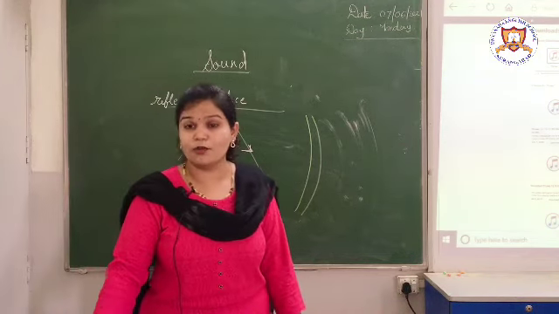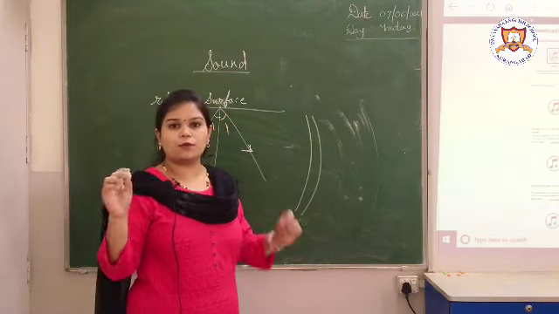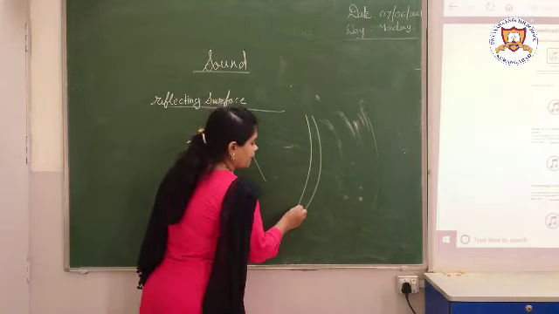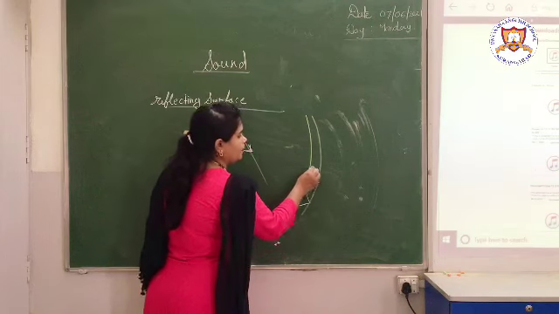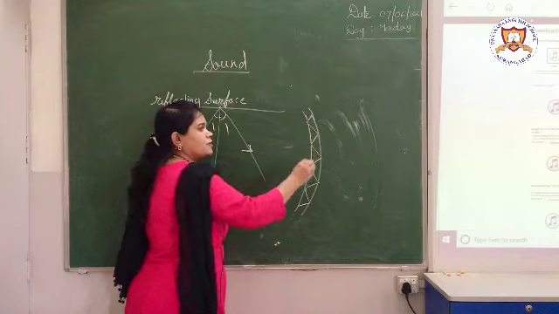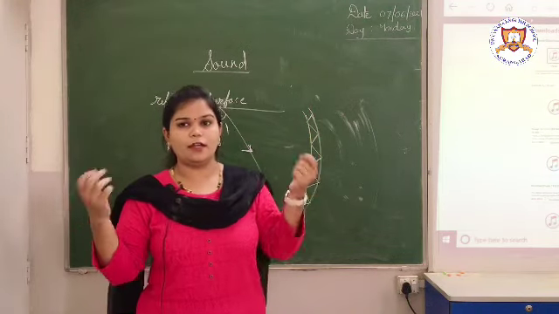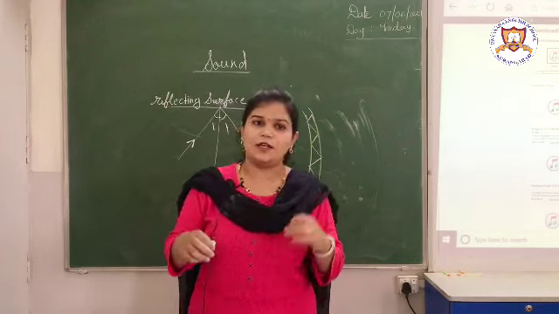We all know that we use it to listen to heartbeats. Suppose we are using a stethoscope, then there is continuous reflection, and due to this continuous reflection, the doctor is able to hear the sound of the heartbeat.